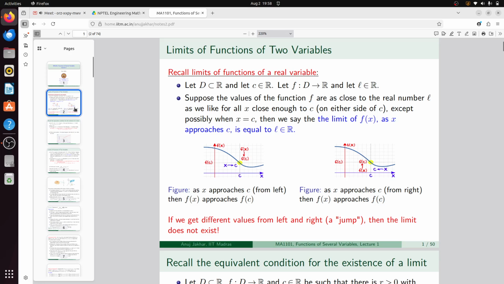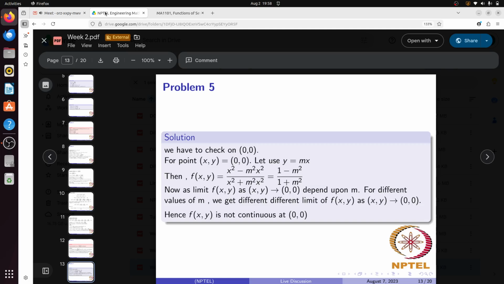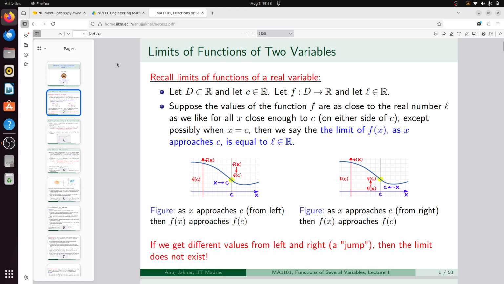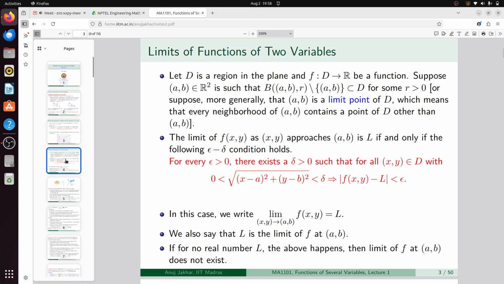So, limits of functions of two variables, we have already discussed this. I will discuss this note also. First let me finish, then I will also discuss generalization. I will upload this note, because this is a very high quality note.